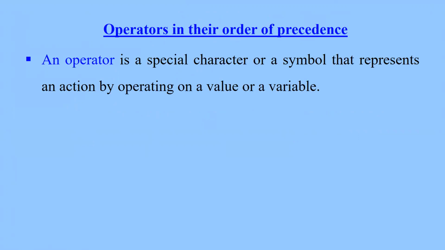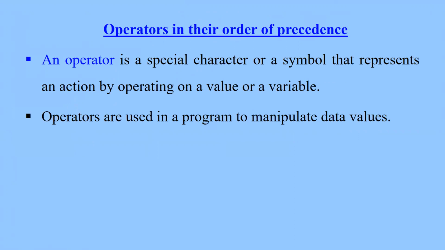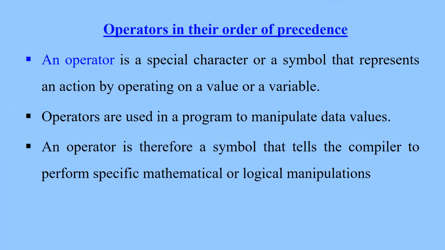We look at operators in their order of precedence. An operator is a special character or symbol that represents an action by operating on a value or a variable. Operators are used in a program to manipulate data values.